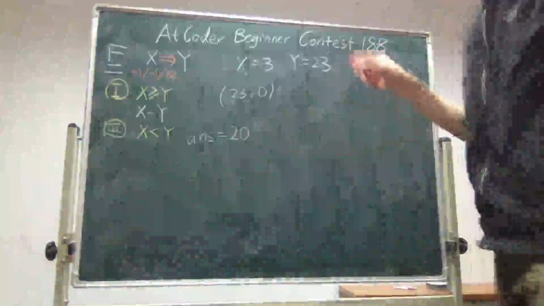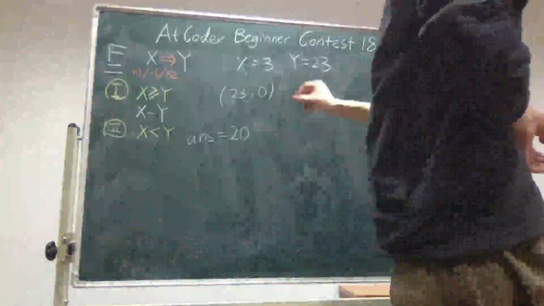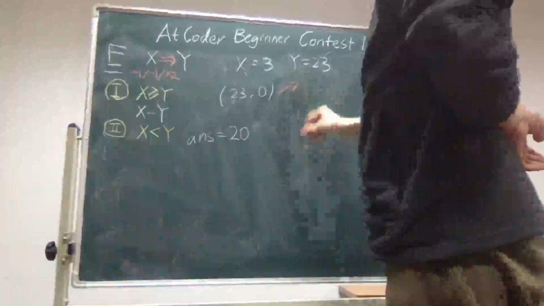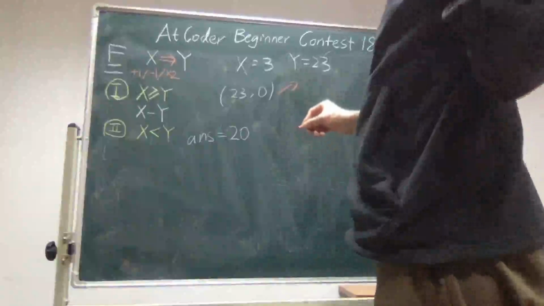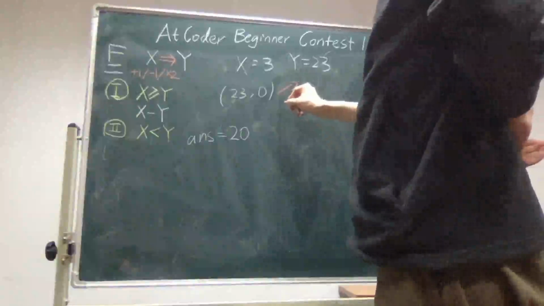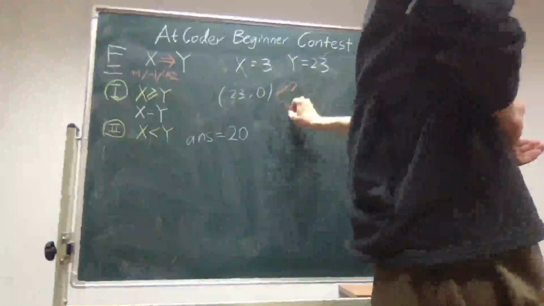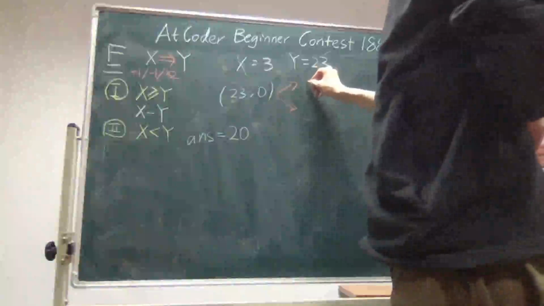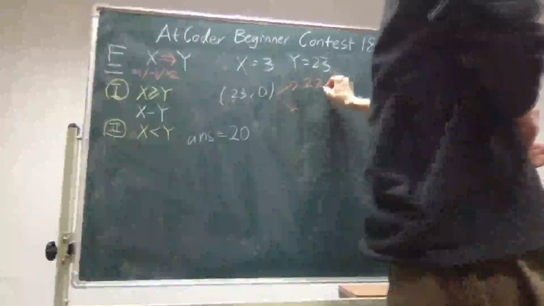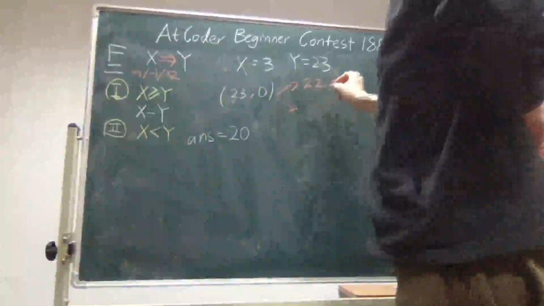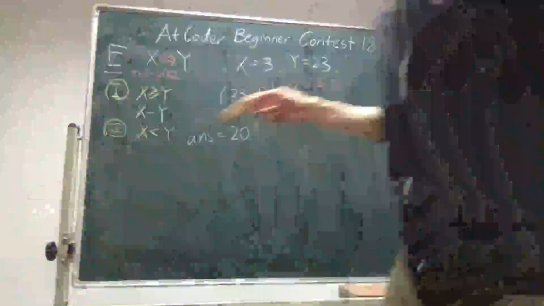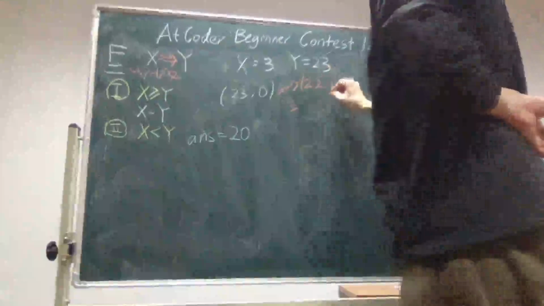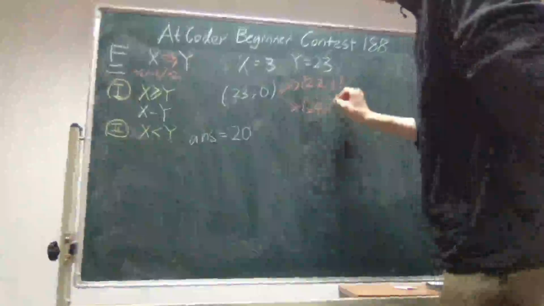Now, let's move on. From 23, 0, we can go to 22, 1 and 24, 1.